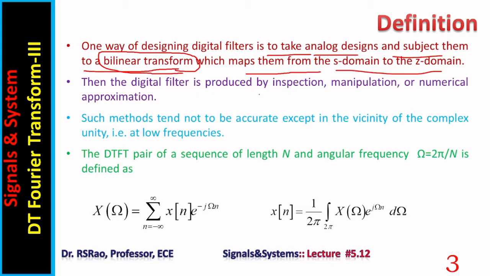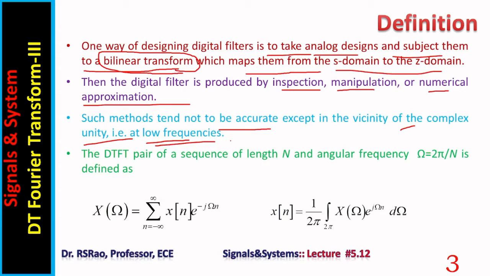Then the digital filter is produced by inspection, manipulation, or numerical approximation. Such methods tend not to be accurate except in the vicinity of complex unity at low frequencies. So these are some important points pertaining to DTFTs, their relation with CTFTs and Z transforms.